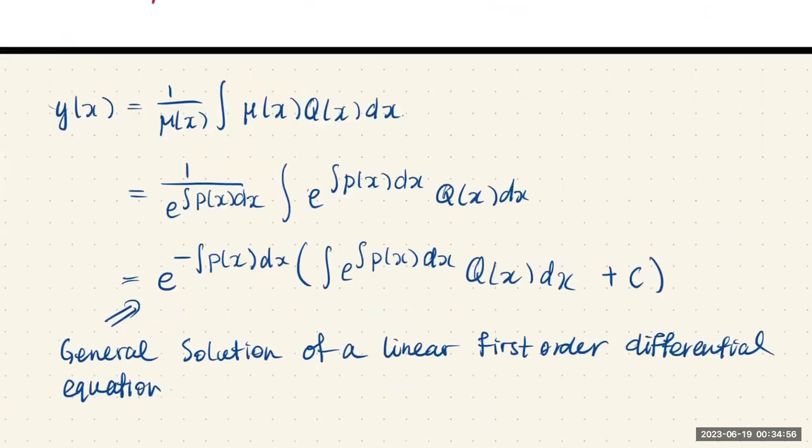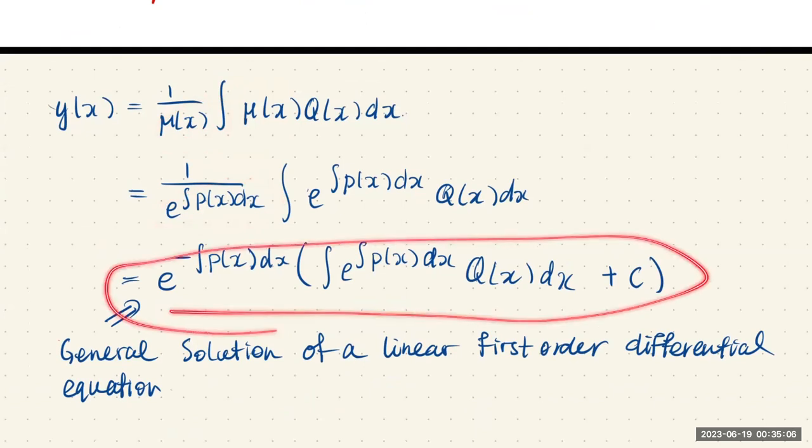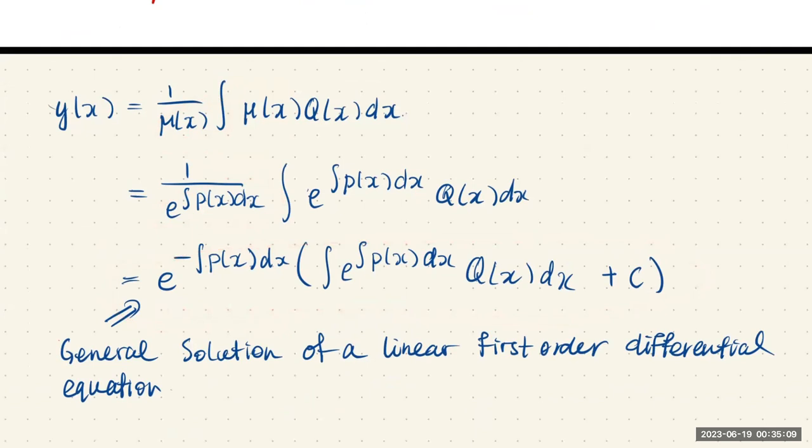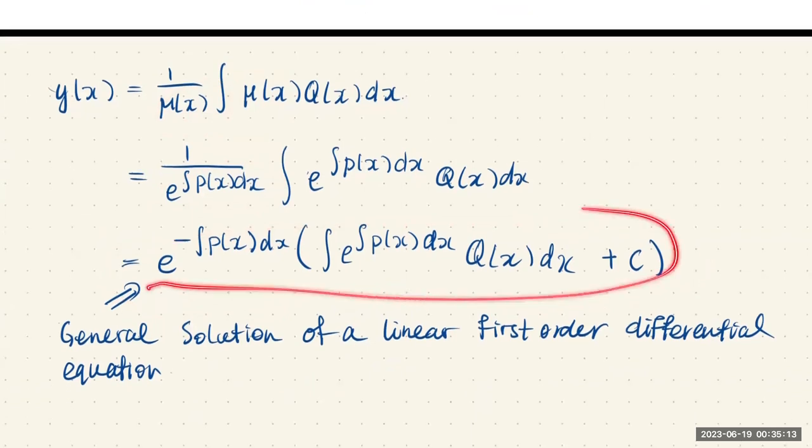Once we found the integrating factor, we just substitute it back into this equation, which is the solution. Basically, you would just get this result, which is called the solution of your differential equation. Remember that this formula, you could also memorize it if you would like to, but that is up to you.